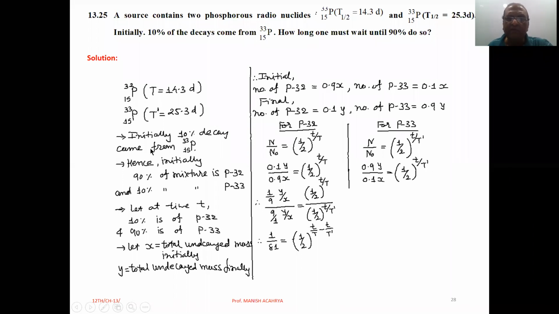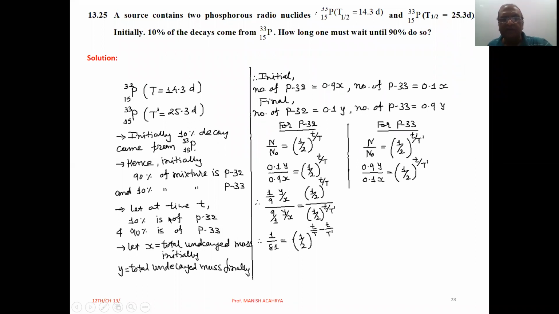Okay. Now initially 10% decay that came from 15P33. So we can write now, initially 90% of the mixture is P32 and 10% of the mixture is P33. Okay.